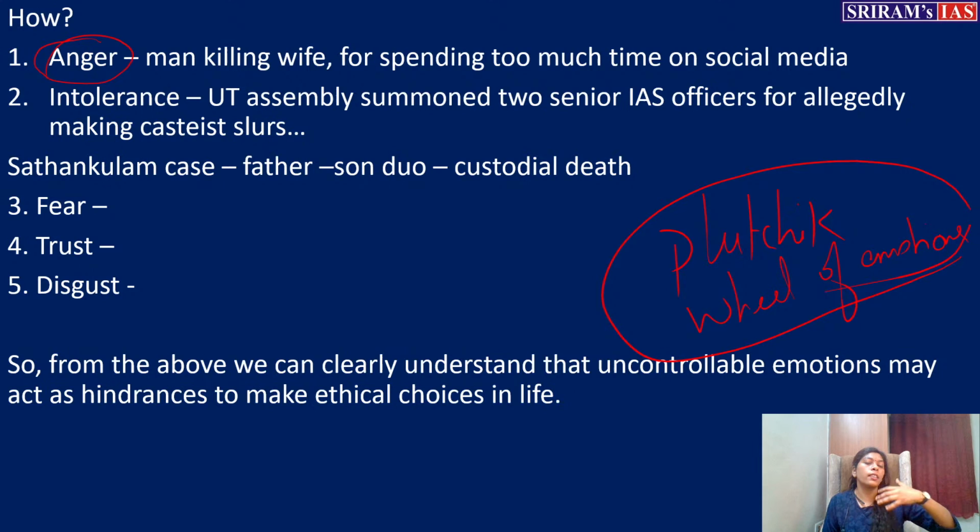Suddenly he thinks something is odd, and then he kills the wife. Even vice versa nowadays, wife killing husband, husband killing wife. Even social media is taking a toll on many people's lives, because they are completely dedicated to reel making. So anger is a major emotion.